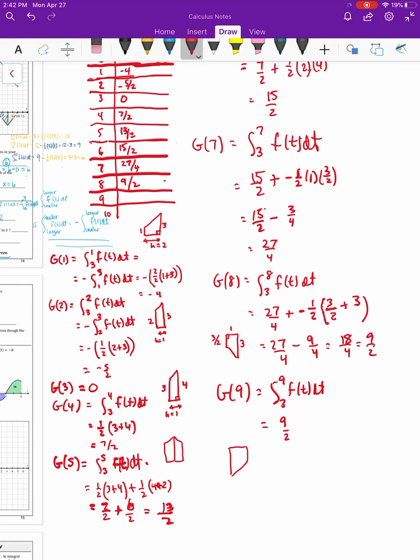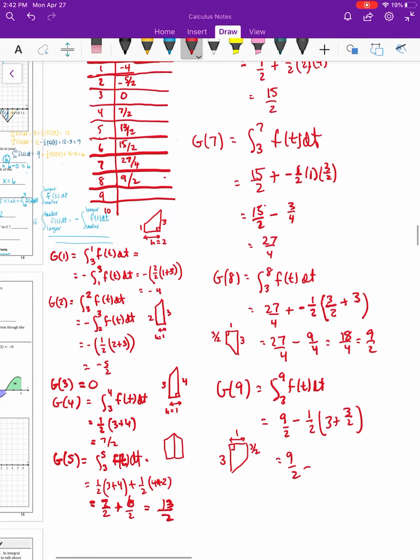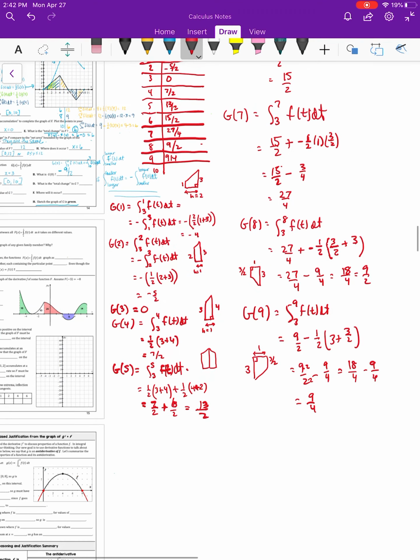So we're going to subtract, has a height of 1, and this is going to be 3 here, and it looks like 3 halves here. So minus 1 divided by 2 times 3 plus 3 halves. So I've got 9 halves minus, this is going to be 9/4. And so this would be times 2 would give me 18/4 minus 9/4 is going to be 9/4. So I've got 9/4 at 9.